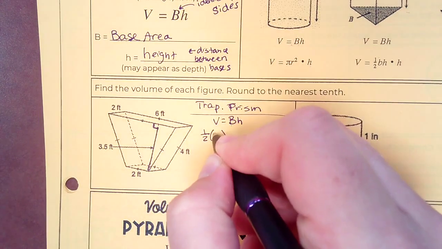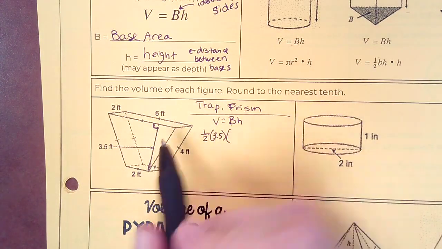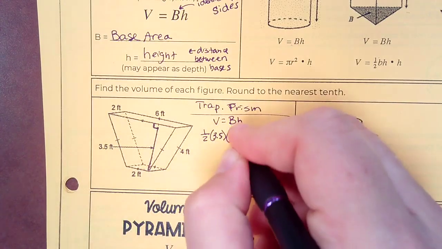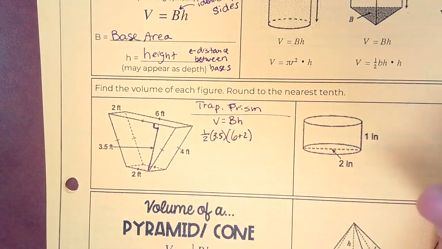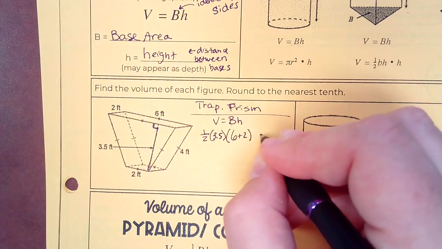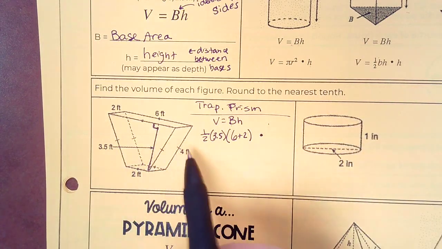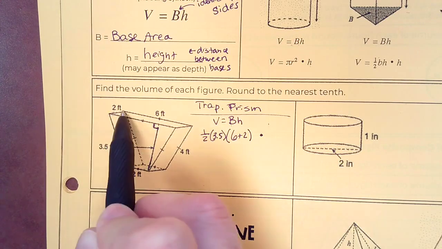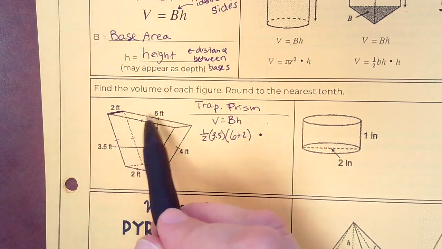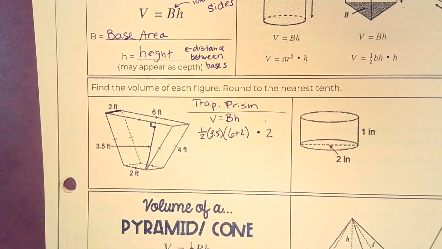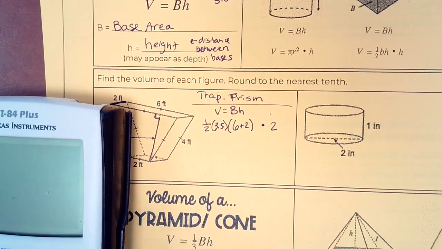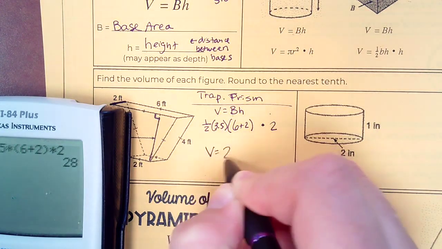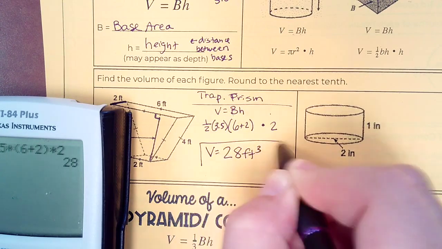So our height is 3.5 times our bases added together. So this one's 6 and this one's 2. So 6 plus 2. And then we'll be multiplying by our height. Our height is the distance between the two trapezoids. So right here is the distance between the front and the back, so times 2. So plug that all into your calculator: 0.5 times 3.5 times 6 plus 2, times 2. We are getting 28. So volume equals 28 feet cubed.